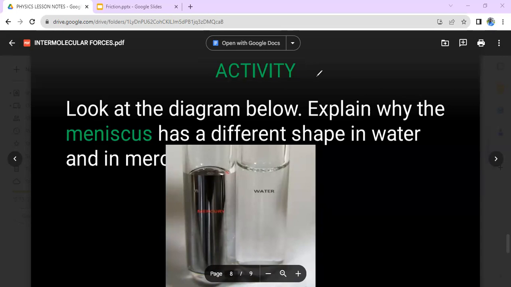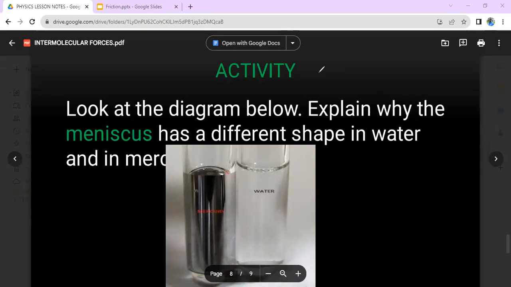Okay, thank you for reading for us all those answers. Now, the reason that people gave for water is that it has more adhesion to the glass than to itself, so it will be more attracted to the glass walls, and therefore it will form that downward meniscus, whereas mercury has less adhesion but more cohesion.